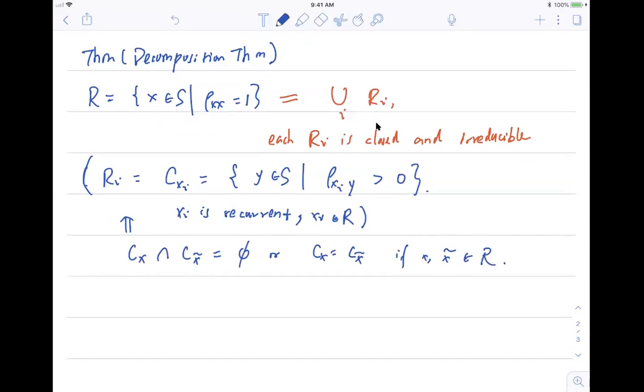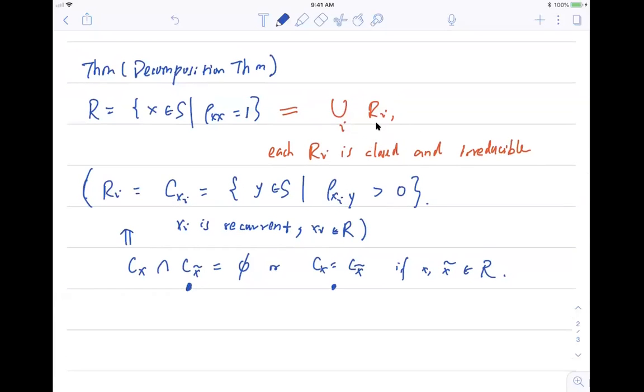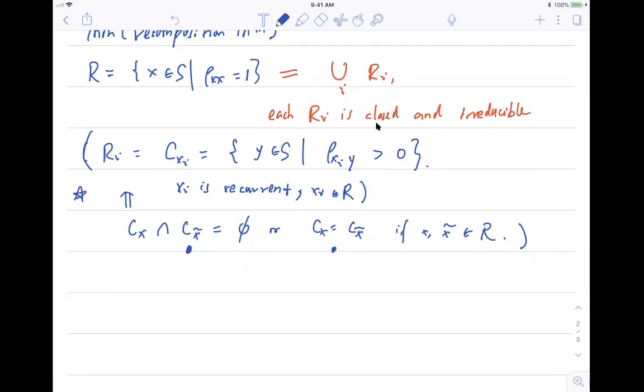So if both x and x tilde are recurrent, then Cx and Cx tilde are either equal or have no intersection. The proof is exactly like the previous discussion, so I will just skip that.